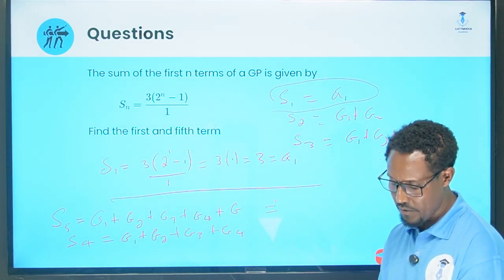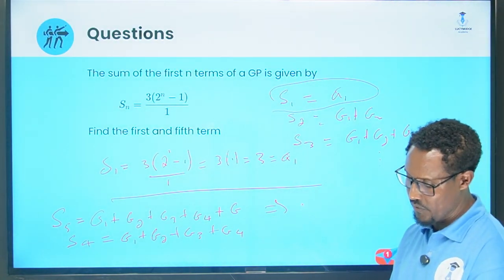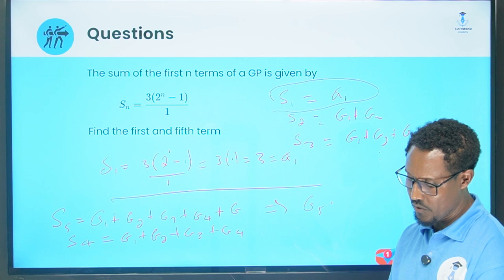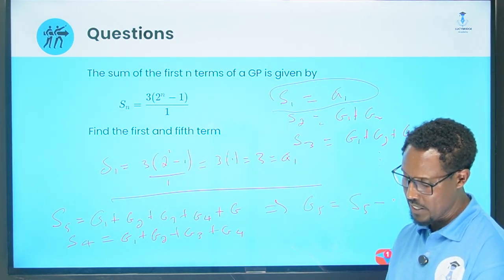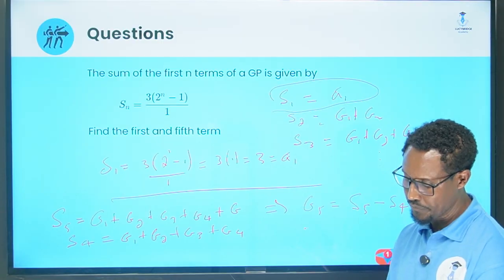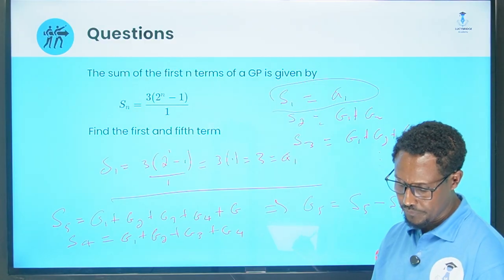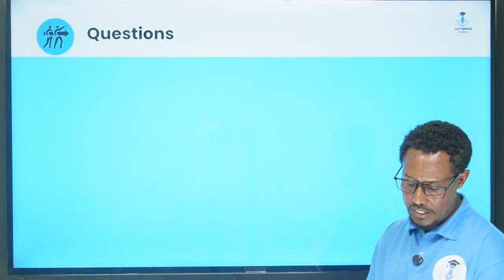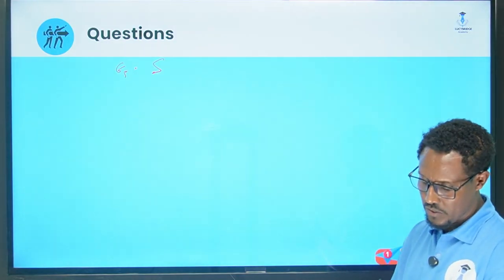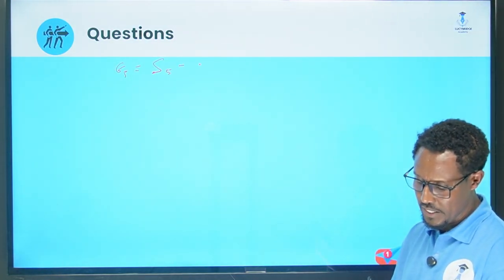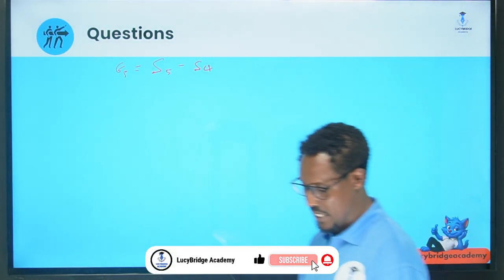From this, the fifth term G5 is equal to S5 minus S4, right? So we have to find S5 and S4. We know that G5 is equal to S5 minus S4. So let me find S5 and S4.